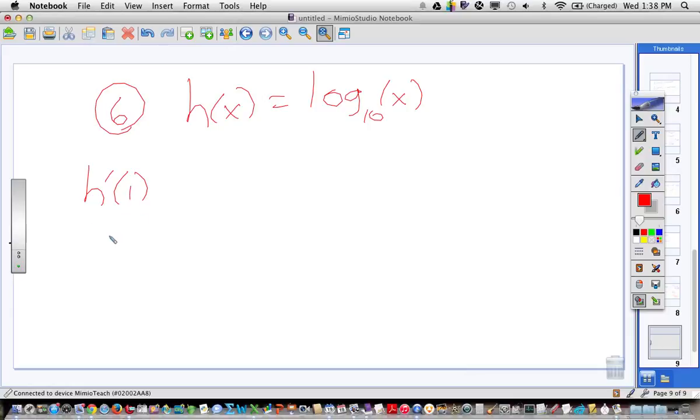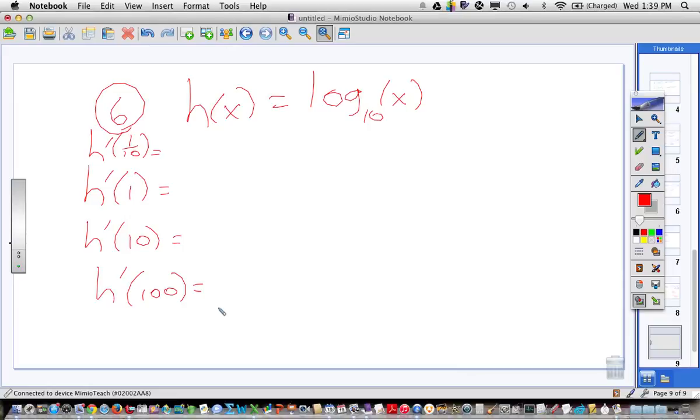Was it 1? Is that the first one? Or is it 1/10? No, it's 1/10 actually first, isn't it? Yeah. h prime of 1/10, h prime of 1, h prime of 10, and h prime of 100, I believe. Okay, well, we're doing shortcuts now. We're doing these rules.